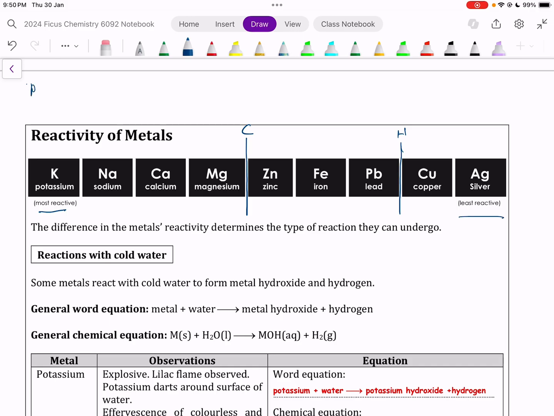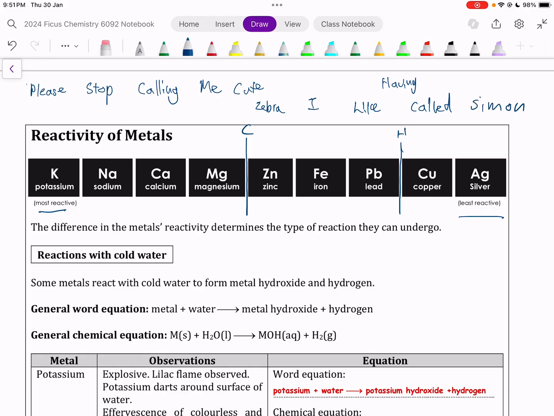So you can use this: Please stop calling me cute zebra. I like having called Simon. Just an acronym to help you remember.